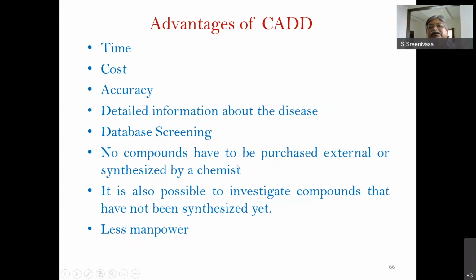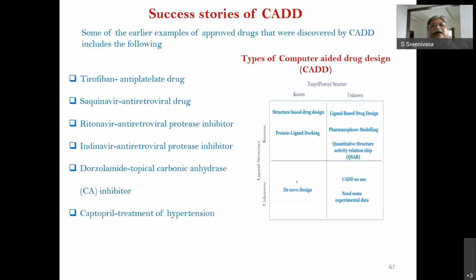No compounds have to be purchased or synthesized in the beginning. It is also possible to investigate compounds that have not been synthesized yet. All these things can be done with less manpower. Using this drug discovery, these are the few molecules which have been identified and developed as a drug.